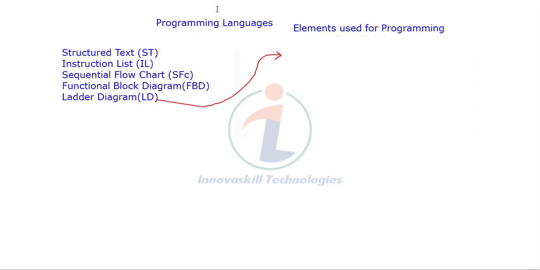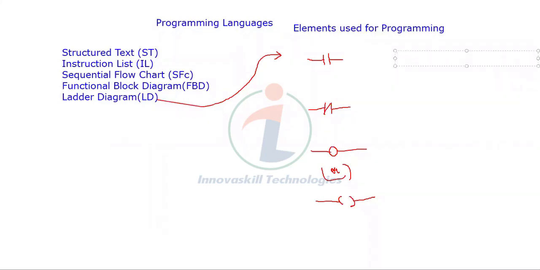The commonly used elements are, the first one, normally open contact, normally closed contact, and output coil. Either it will be represented like this, or in some software it will be represented like this. So these are the three different elements commonly used for ladder diagram programming.